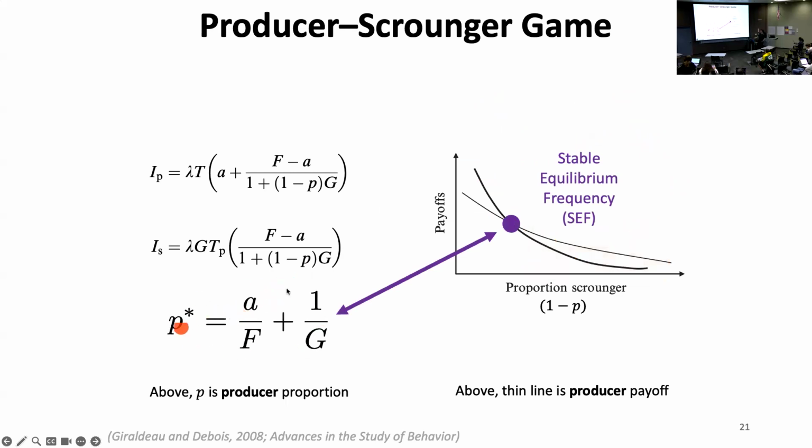This is the equilibrium level of producers that we would expect in any group. So what fraction of the group? Well, it depends on the amount of food that is in each patch, the finder's advantage, and the total group size. If I know those three things in an experiment, I should be able to predict how many birds have their head down and how many birds have their head up, if this theory is right.